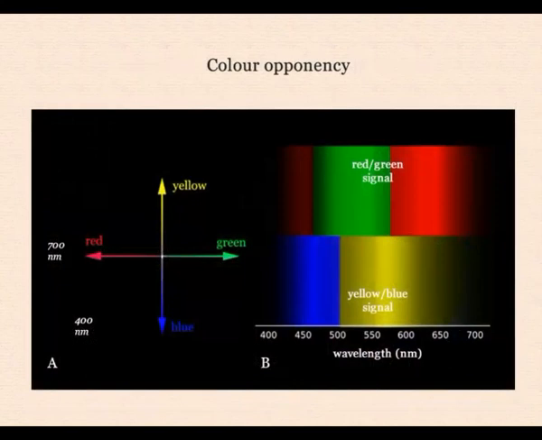These four opponent hues are not physical components of light, but are perceptions created in the brain of the observer in the form of yellow versus blue and red versus green colour opponent signals. Blue is evoked by the shorter and yellow by the longer wavelengths of visible light, while green is evoked by the middle wavelengths and red by the two extremes.